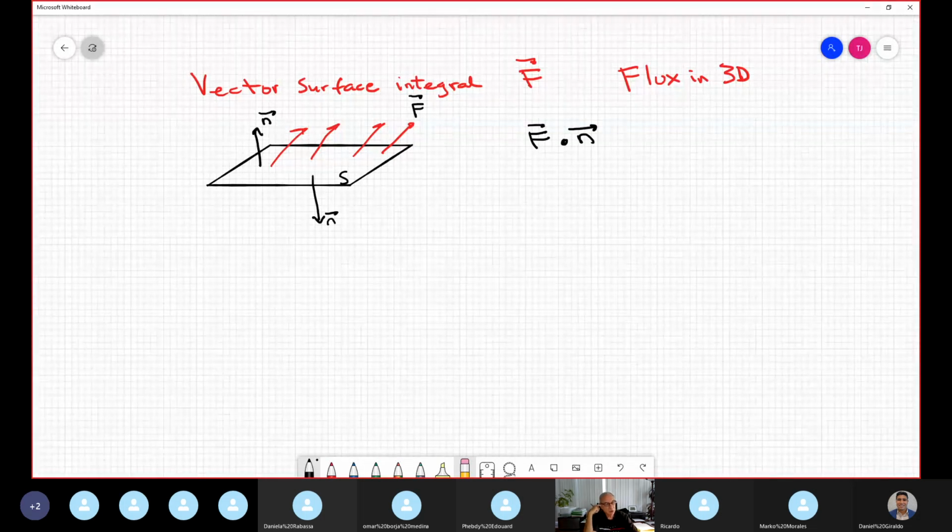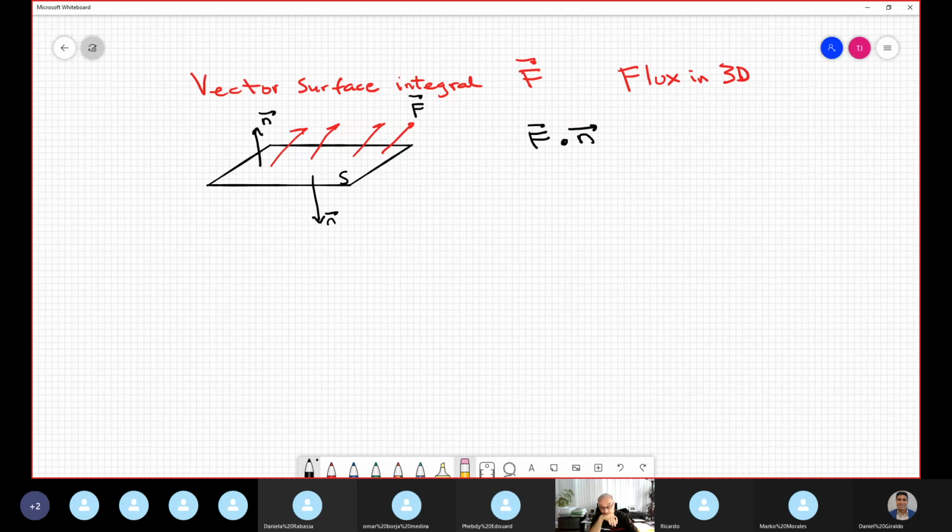we said the majority of surfaces in real life have two faces, no? Because you want to find the flux out of the surface, we're using one normal vector, no? So if you want to compute the flux inside the surface, suppose so, we have two possibilities.